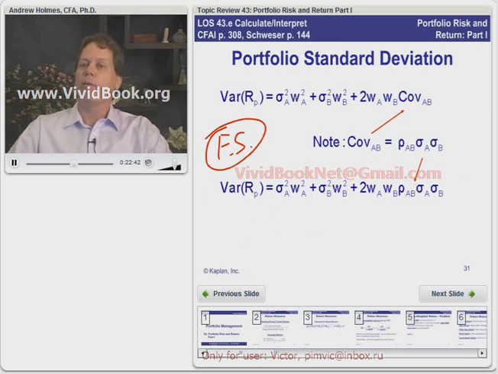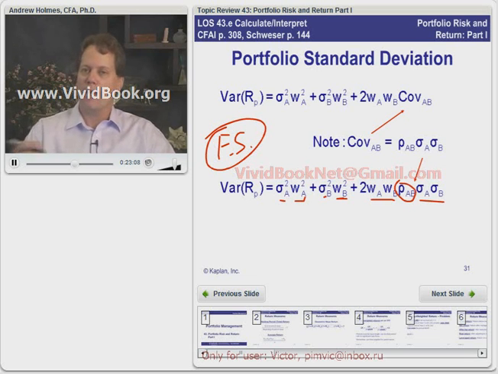But let me point out a couple of hazards to you really quickly. Notice that at the end here, we've got standard deviations, but over here we have variances. So you've got variances and standard deviations in this formula. Here you have weights, and here you have weights squared. Of course, you have to know the correlation, and so you've got to be on your toes when you're actually implementing this.